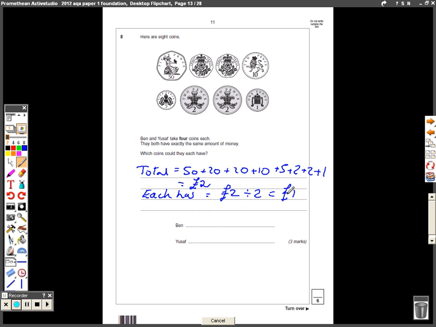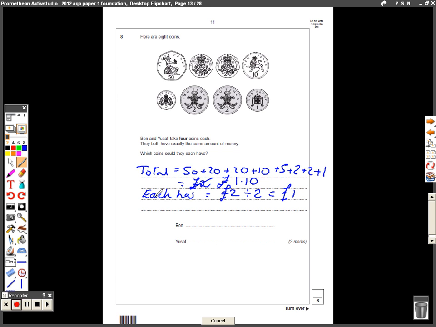This looks like my first mistake of the paper. I shall add up my numbers again because I've looked at it and thought that makes no sense whatsoever. So if I add them up, I've got 50, 20, 20 and 10, that's £1, £1 5, £1 7, £1 9, £1 10. I should have written £1 10. Obviously a deliberate error, just to test you.